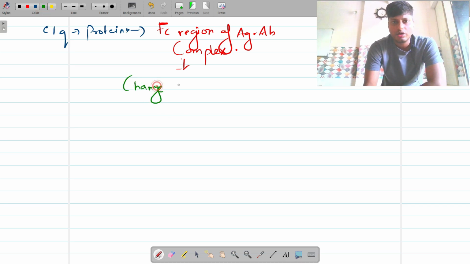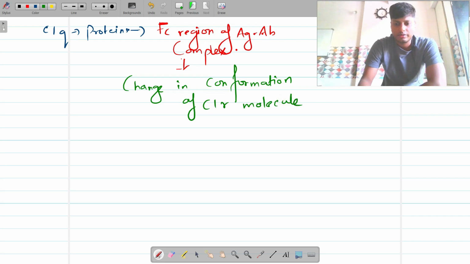a change in conformation of the C1R molecule, right? Now what will happen is the C1R will further activate another C1R molecule.